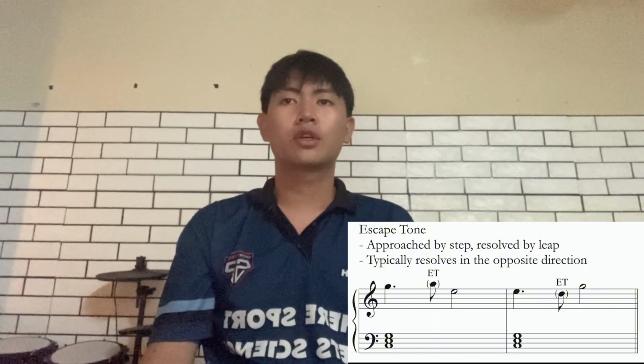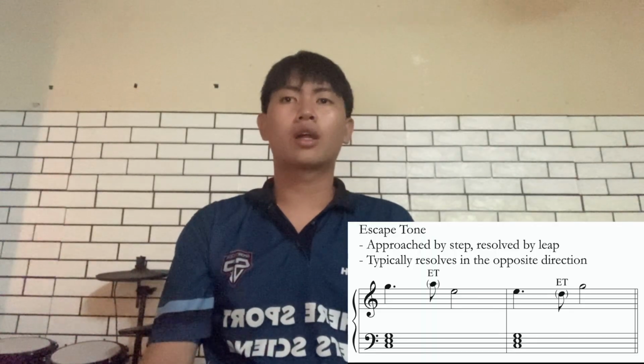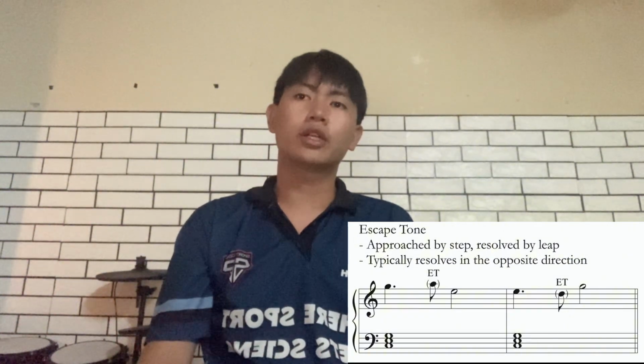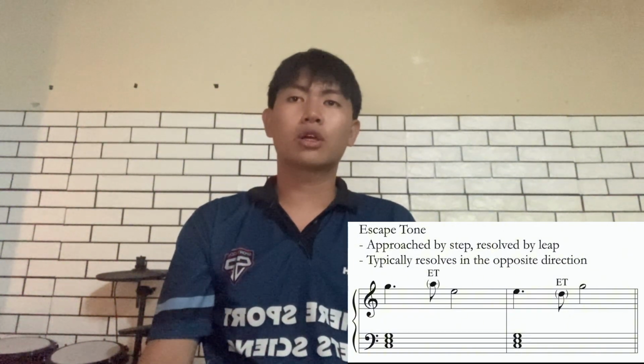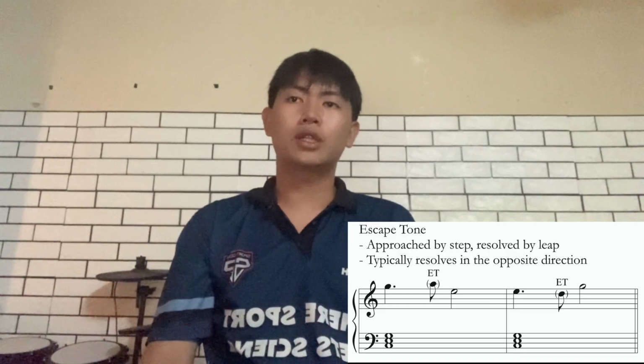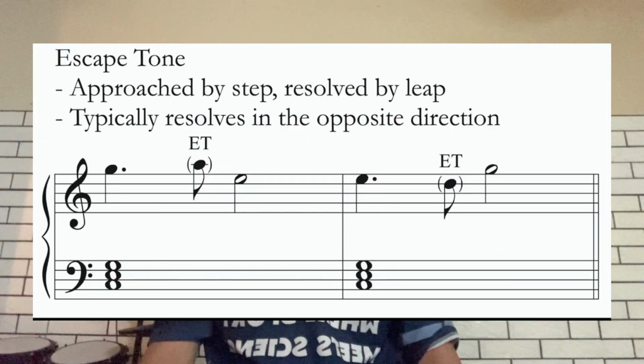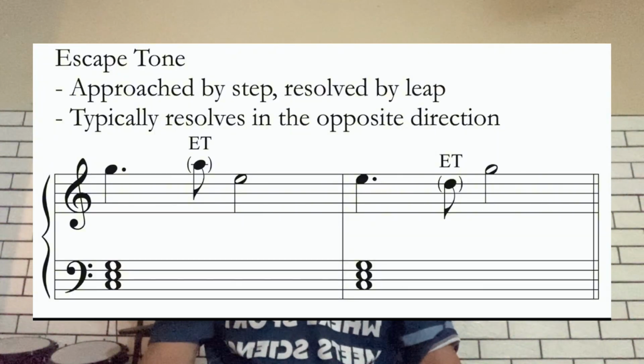They are a specific type of non-chord tone that is approached by step and then left by a skip in the opposite direction. They are typically unaccented and occur on weak beats, adding a sense of anticipation to the music.